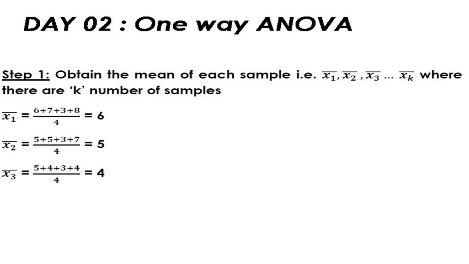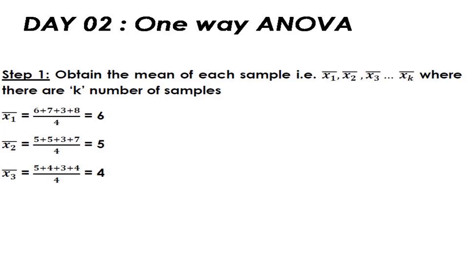Step number 1 is that we have to obtain the mean of each sample, that is x1 bar, x2 bar, x3 bar, up to xk bar, where there are k number of samples. Now friends, in this table we have got three different samples since there are three different advertisements.